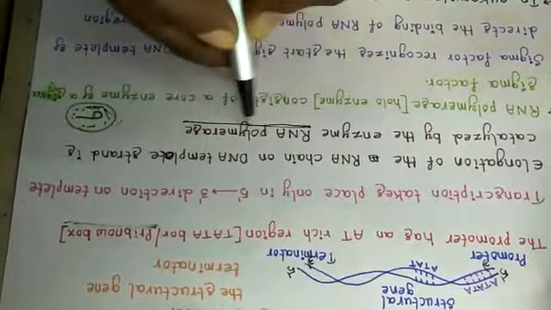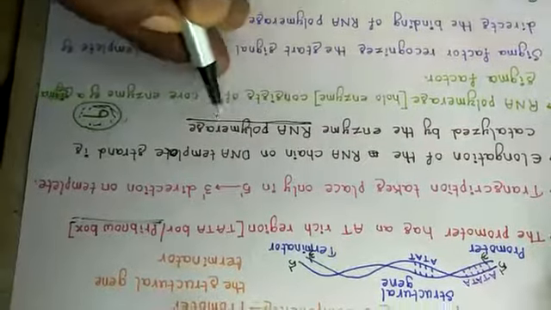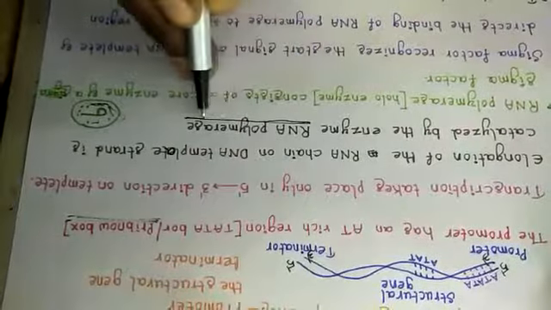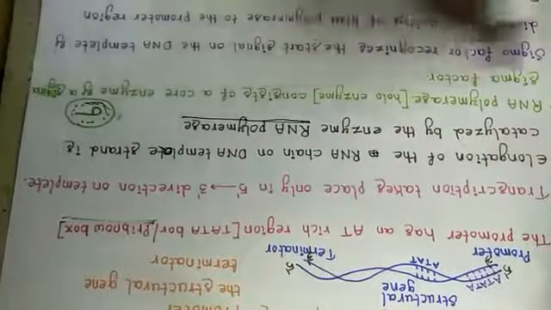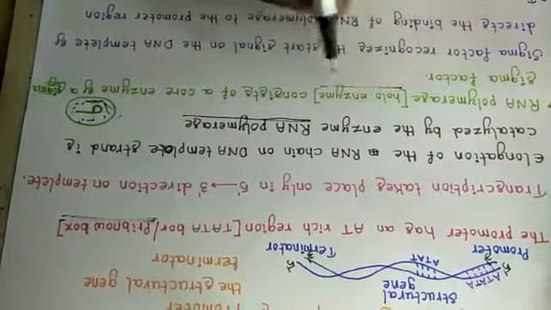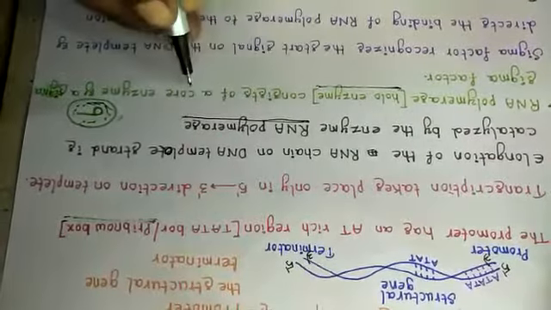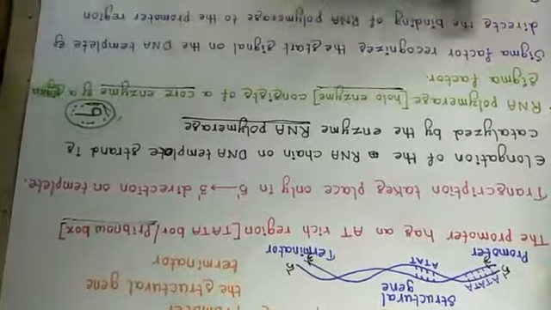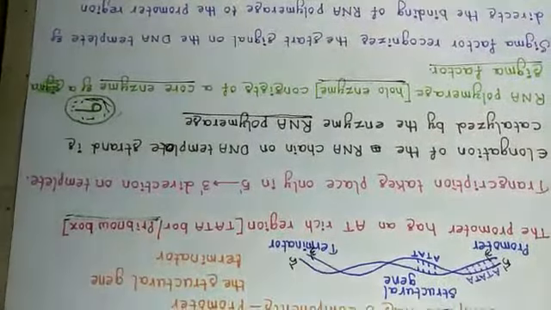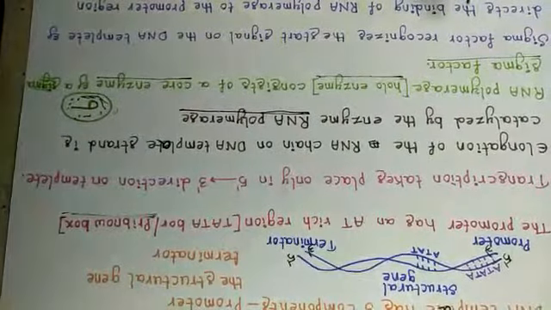The polymerase is an enzyme very rich in the nucleoplasm of eukaryotes and prokaryotes, and it consists of two parts. It is actually a holoenzyme, consisting of a core enzyme and a sigma factor. What is the purpose of this sigma factor?